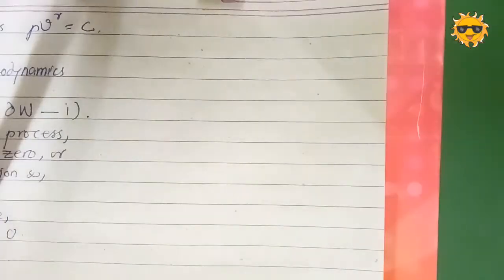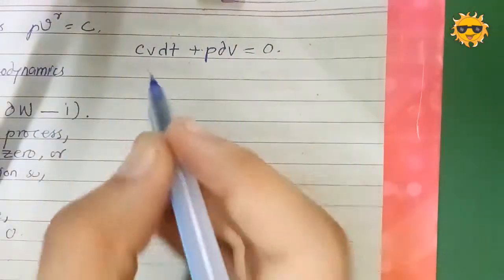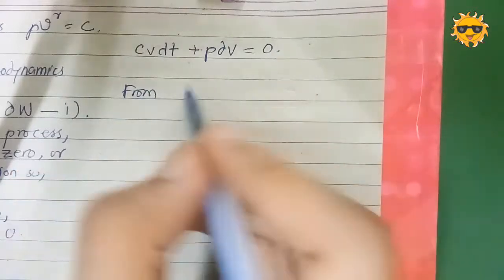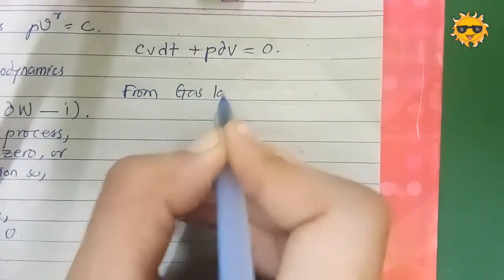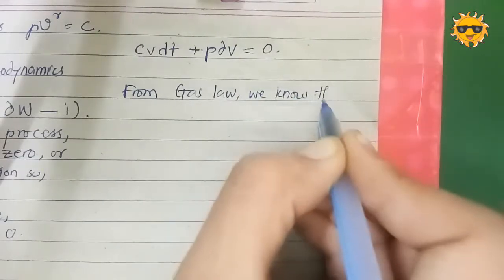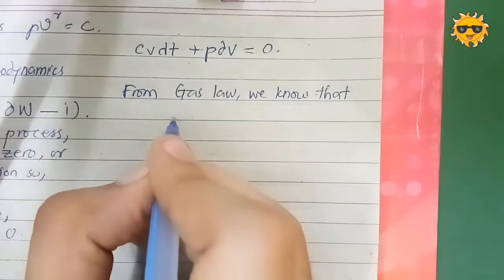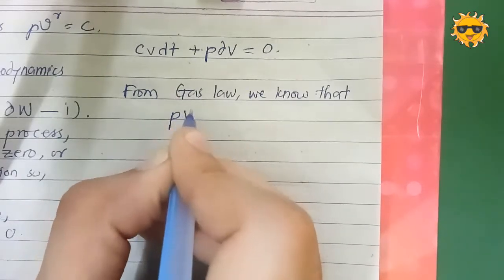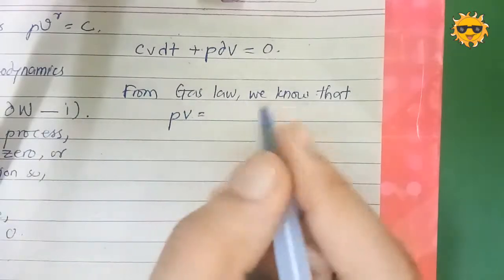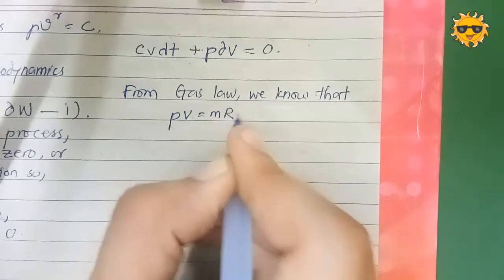Now let us consider the characteristic gas law. From the gas law we know that PV equals mRT.